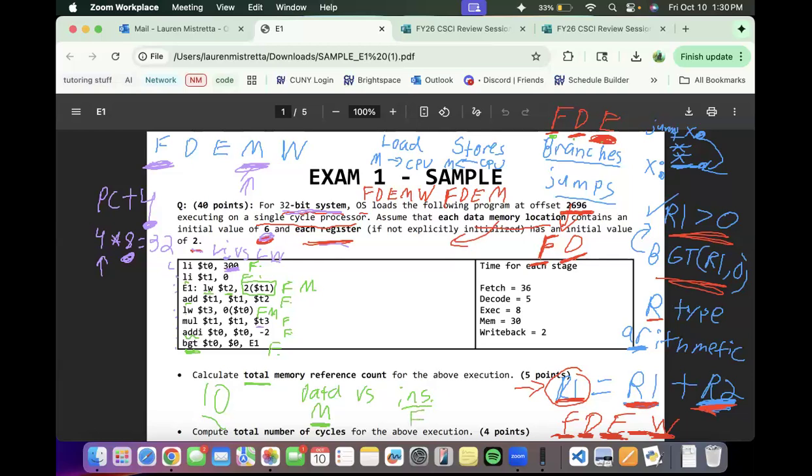Because remember, what are you doing? You're doing fetch the instruction. When you're doing mem, you're actually going to be getting the memory address. So the data that comes from there. So if he asks something a little bit different, then data versus instruction.